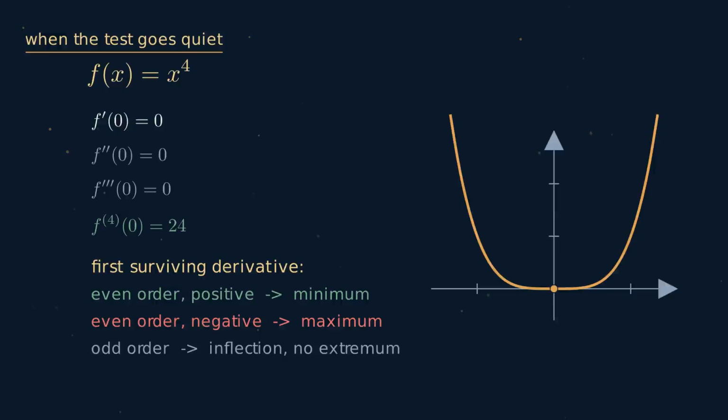If the first surviving derivative has even order and is positive, you have a minimum. Even and negative, a maximum. Odd order, and it is merely an inflection. Not an extremum at all. Order 4 and positive. So 0 is a minimum. And this time, since the curve rises on both sides forever, it really is the global one.